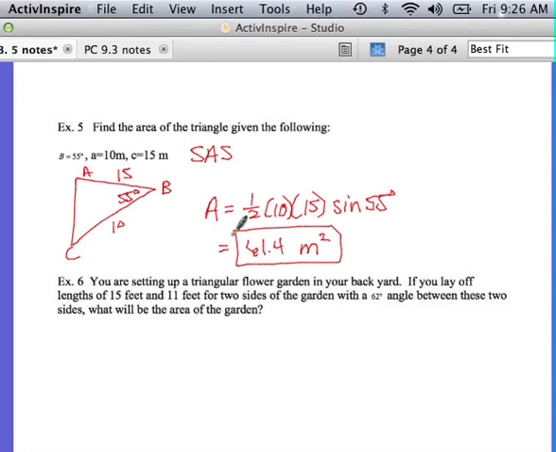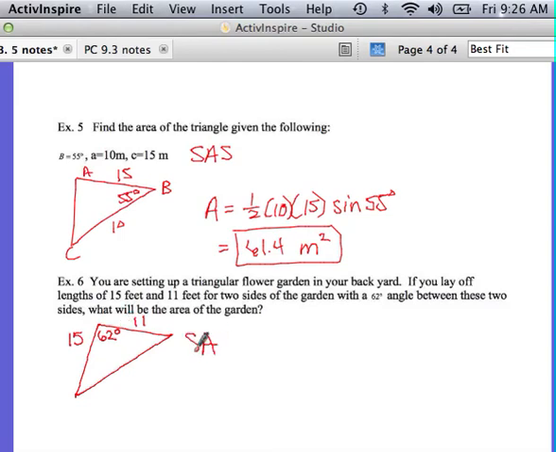All right, last one. Example 6. You are setting up a triangular flower garden in your backyard. So let's draw a triangular flower garden. If you lay off lengths of 15 feet and 11 feet with a 62-degree angle in between, what's the area of the garden?